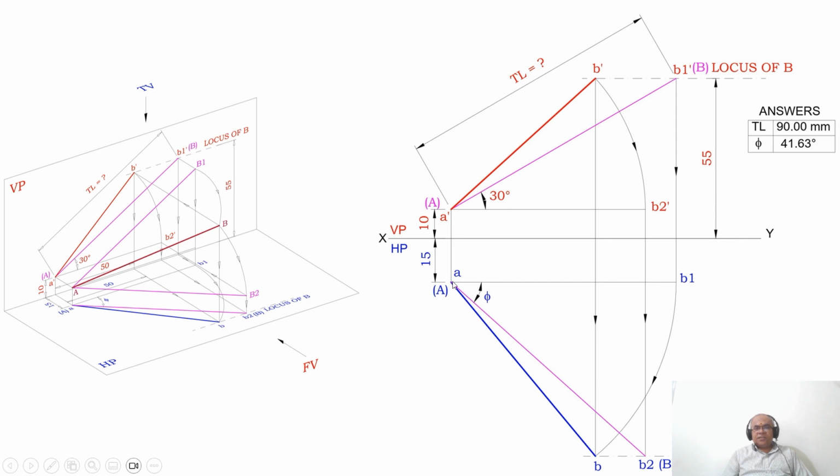Similarly, you know that AB2 is the true length in the top view. Therefore its corresponding front view, A dash B2 dash, is parallel to XY in the front view. So you have got the true length in the top view. This is how you will be able to analyze the drawing in 3 dimensions, and also write the orthographic view by using the manual sketch.